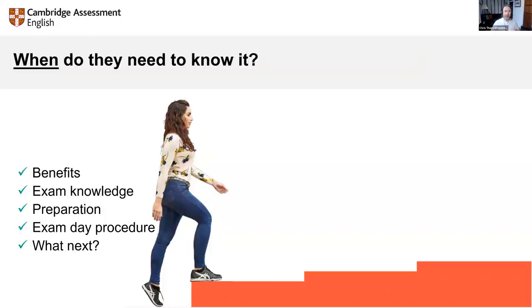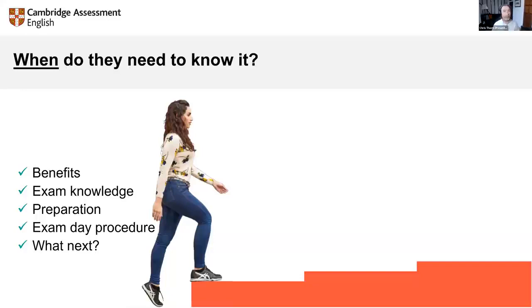So, as we've seen, they'll need to know the benefits of the exam. They'll need to have exam knowledge, preparation. They'll need to know the procedure, what next, all of that. So we know what they need to know, but we also need to consider when they need to know it. It's not helpful to provide all this information at once.